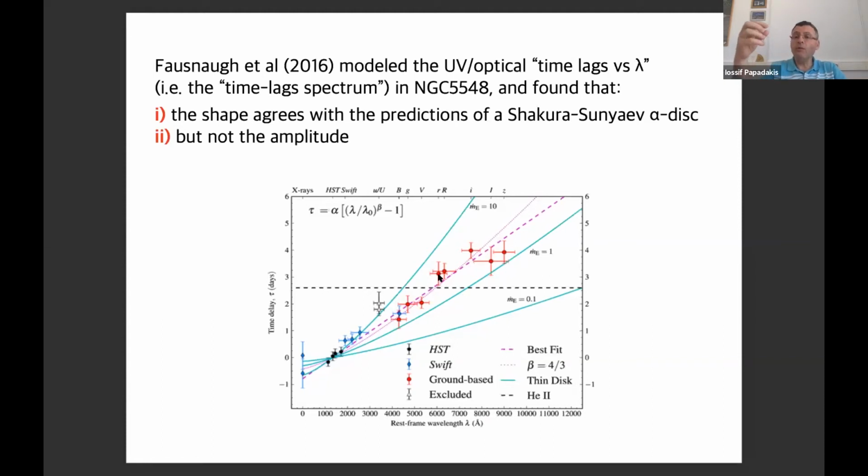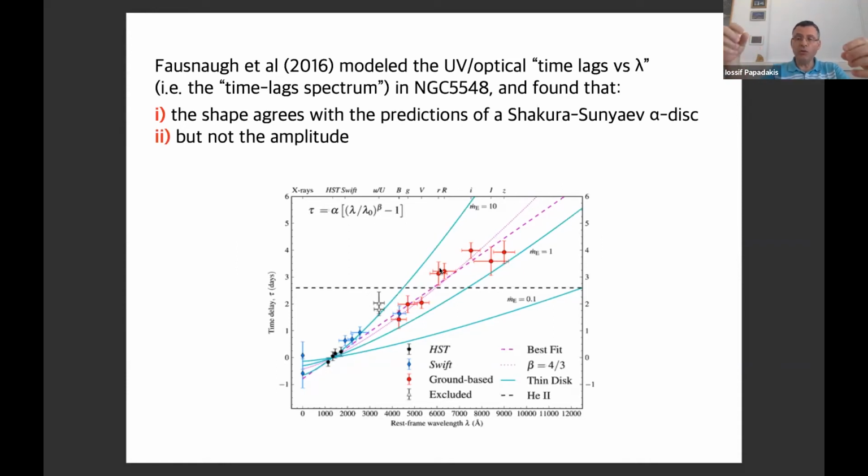So it's the time delay of the variations that I see at this wavelength with respect to a reference wavelength here, approximately 1,300 angstrom. That was one of the bands that they were observing with HST. So you can see that the delays are of the order of 3 days. The order of days. The variations are delayed, but the delays seem to be quite large.